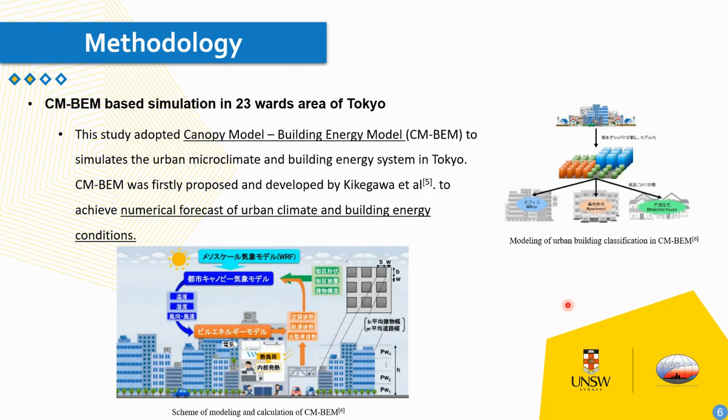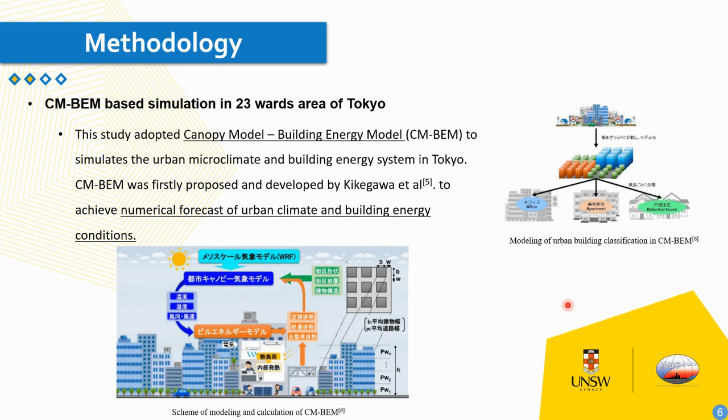The methodology we use is CM-BEM. Thanks to Professor Kanagawa, we could use this model, a canopy model and building energy model, to simulate the urban microclimate and building energy system in Tokyo. This model does a numerical forecast of both urban climate and building energy by combining the WRF part and the BEM part. There are two points on this slide.